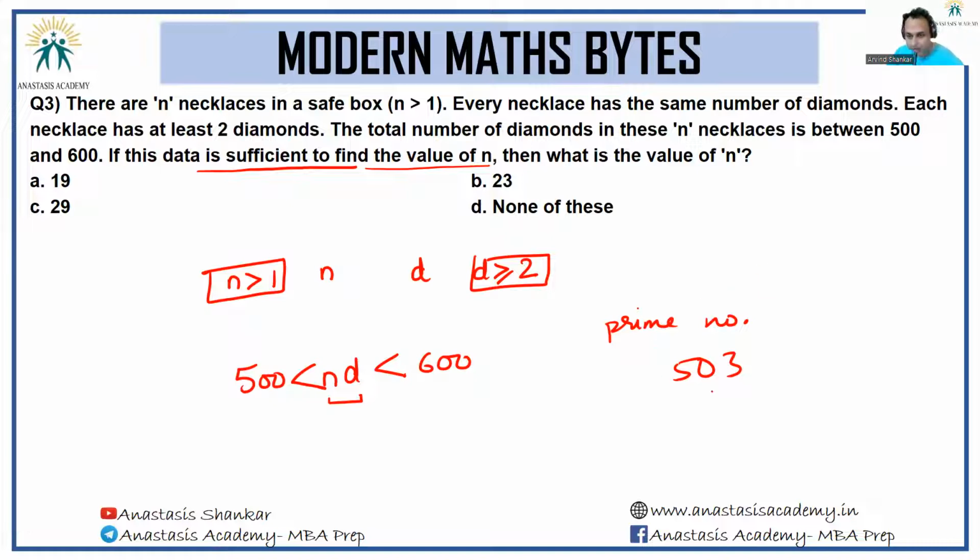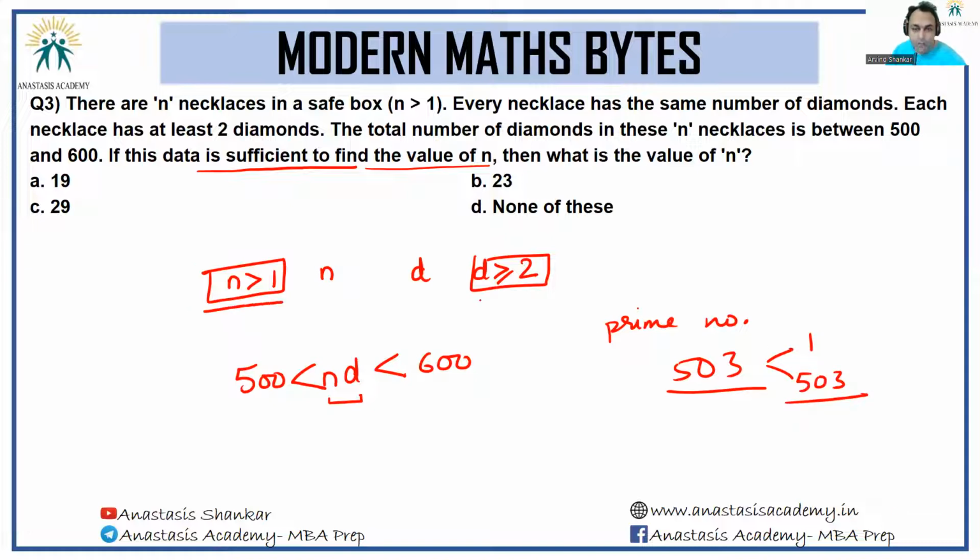Okay. So 503, idea wise, 503 comes. But as soon as you reach 503, can you see, even if you were to break it down into 2 numbers, the 2 numbers would be 1 into 503.